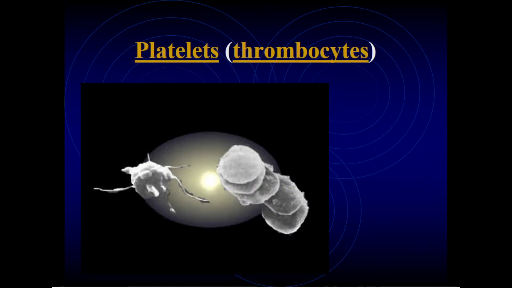Now let's discuss some aspects of hemostasis. The process of hemostasis mostly depends upon the function of blood-formed elements called platelets or thrombocytes.